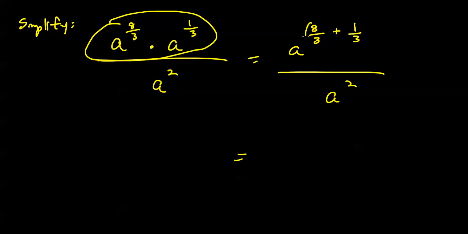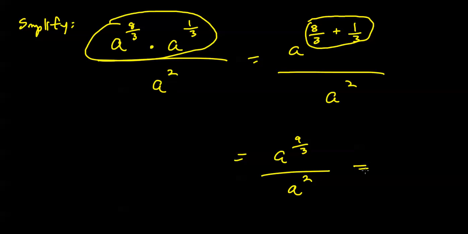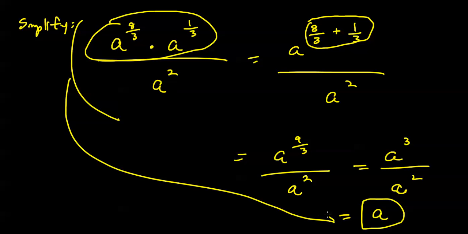Of course, at this exponent level, 8/3 plus 1/3 is 9/3. And of course, 9/3 is 3, so I really reduce to a to the 3rd power over a squared. And of course, a cubed over a squared is a. So my final return for this example is the single variable factor a.